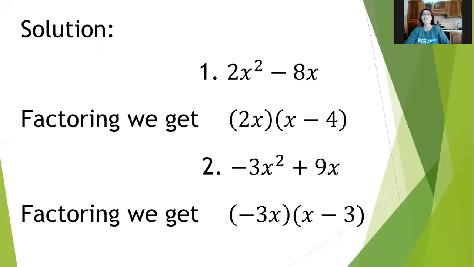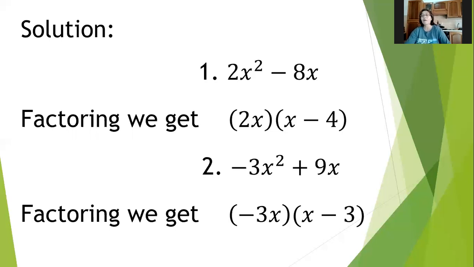Next, number 2, negative 3x squared plus 9x. Again, it is expressed in ax squared plus bx. We have to find the common monomial factor. And the common monomial factor is negative 3x. Let us divide. Negative 3x squared divided by negative 3x is x.